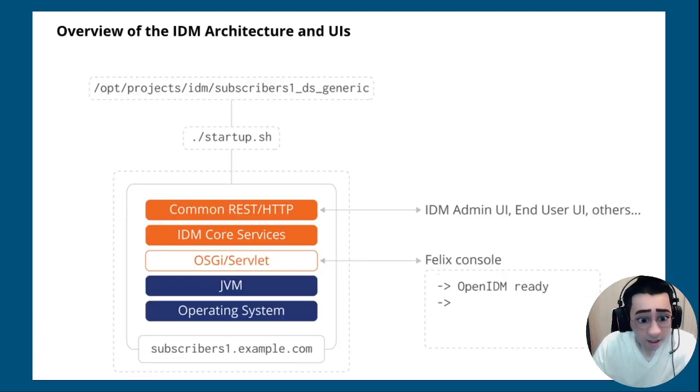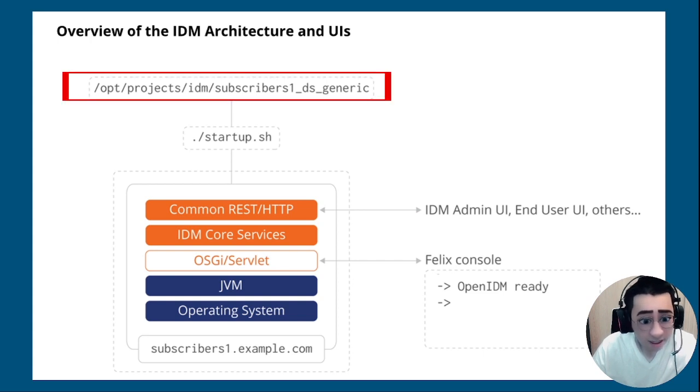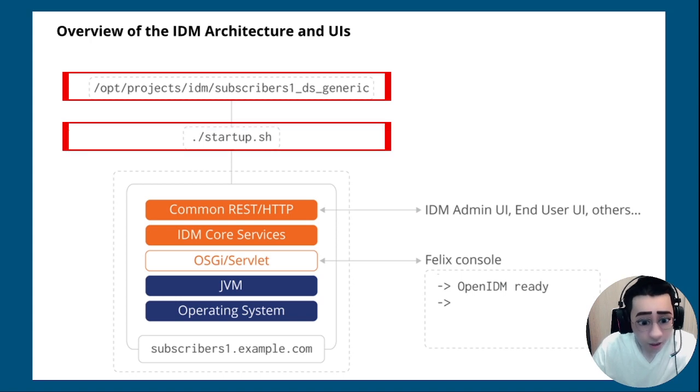This slide is a simplified view of the IDM instance architecture, related UIs that you should be aware of when working with IDM. In the lab environment, the first IDM instance is installed in this folder. IDM is started using the startup.sh script found in this folder, in a terminal window on the Linux VM in the lab.